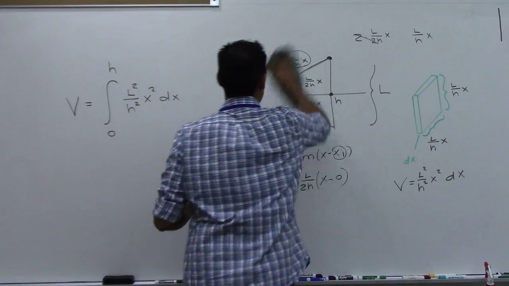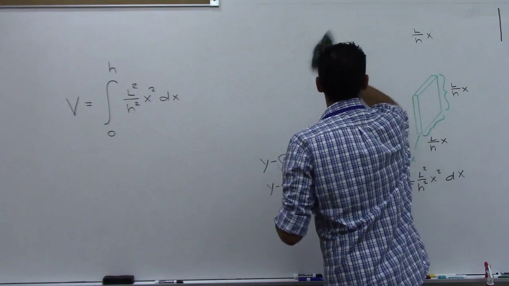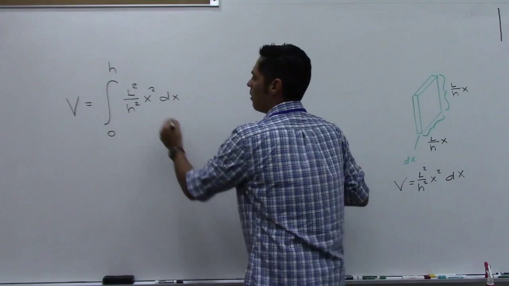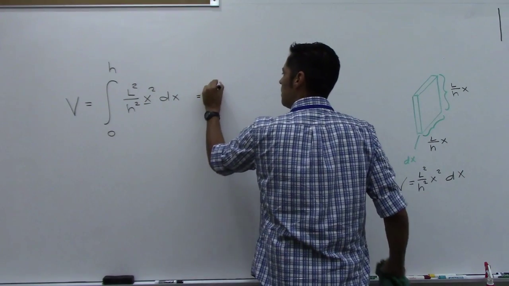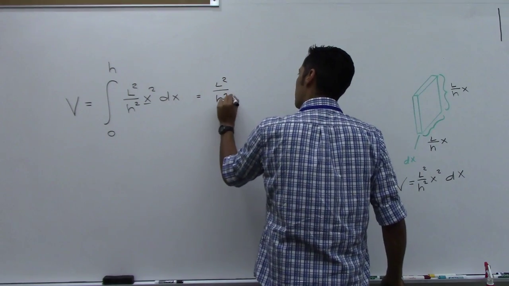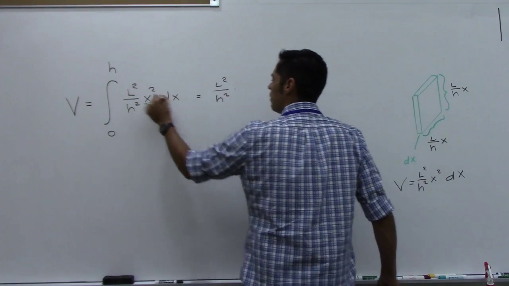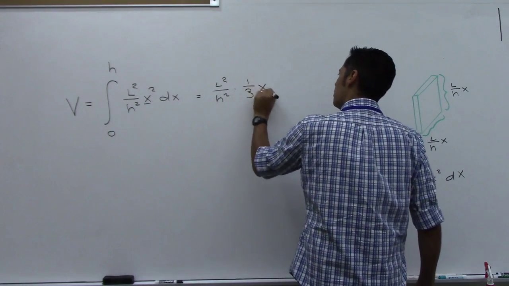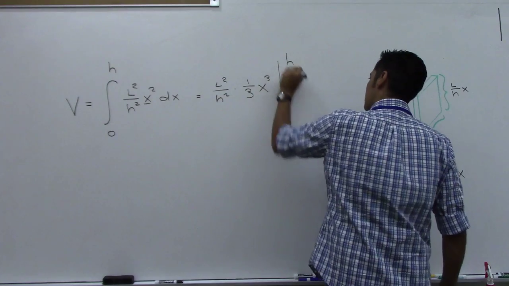So I can pull the constants out of the integral, and I can just integrate the x squared. So this becomes L squared over h squared times the antiderivative of x squared, which is 1/3 x cubed, evaluating from 0 to h.